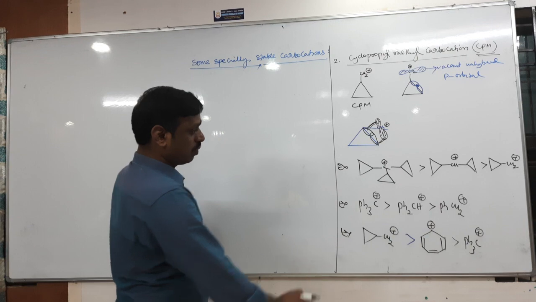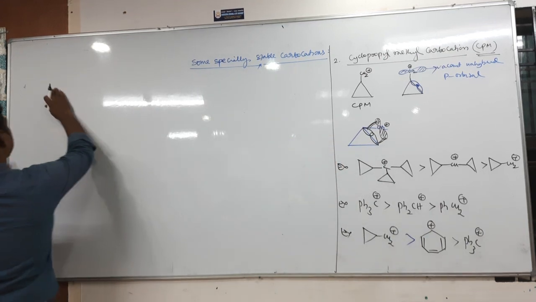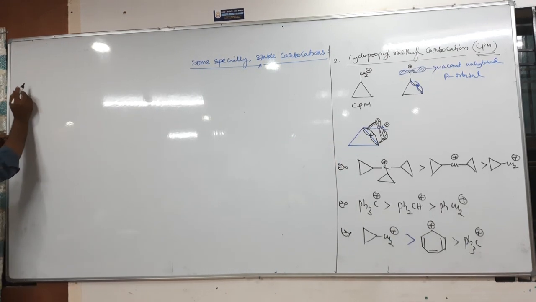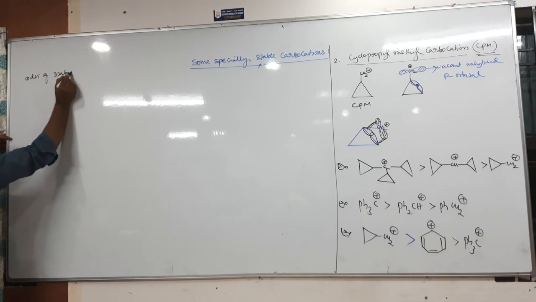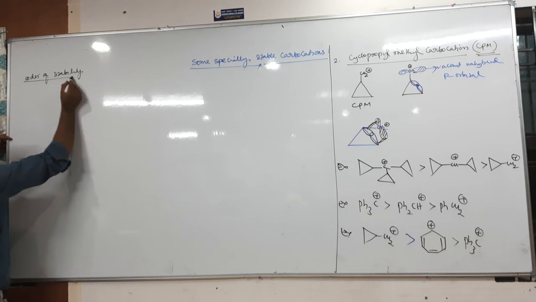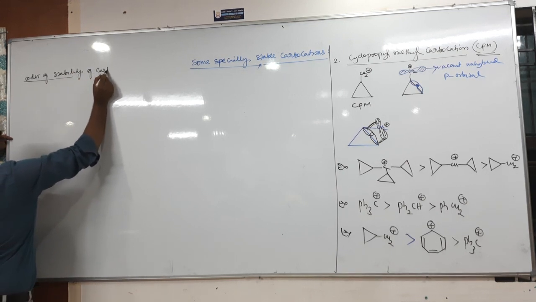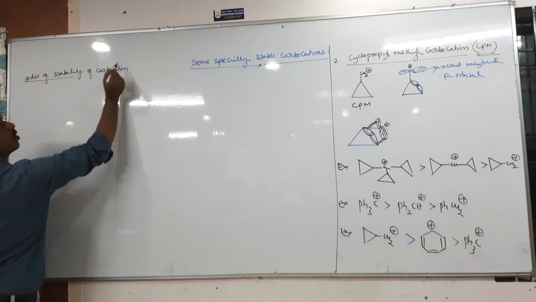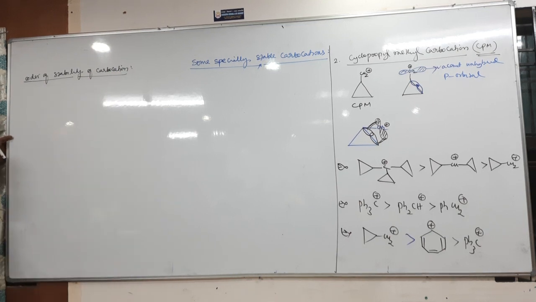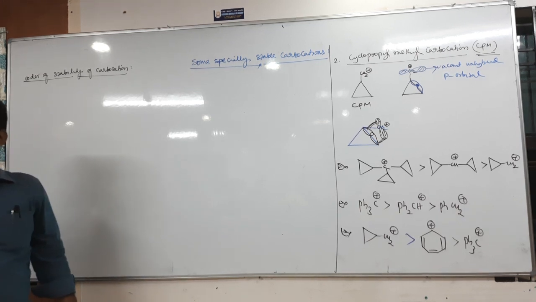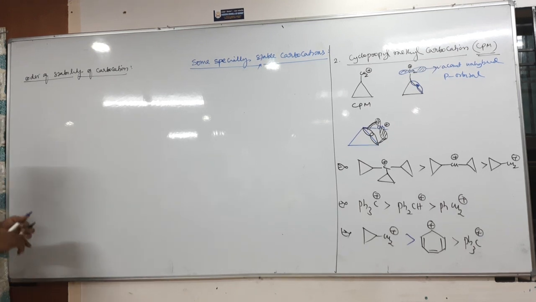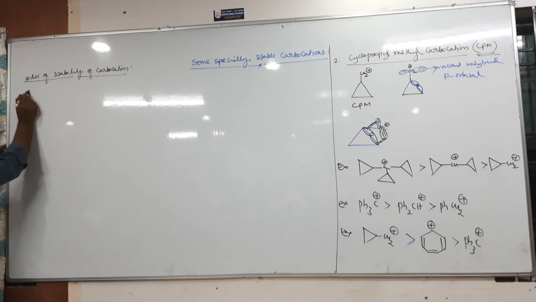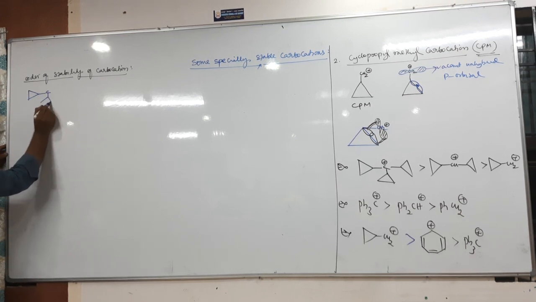Now, keeping all these things in mind, can you write the order of stability of carbocations? If you see the carbocations, which is most stable? 3 degree CPM is most stable.